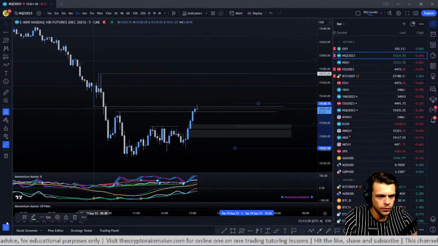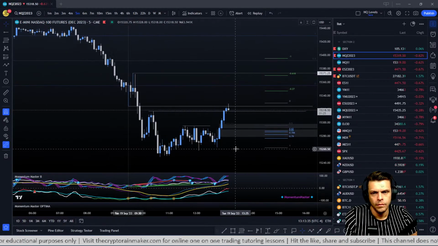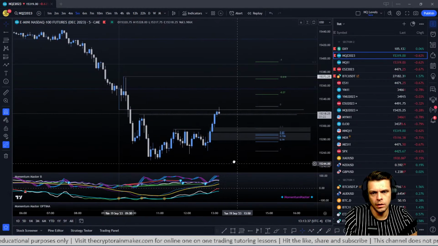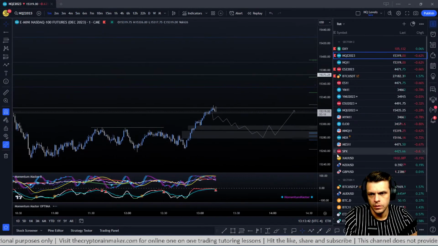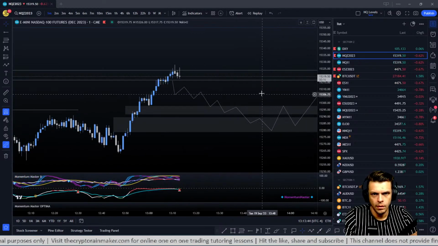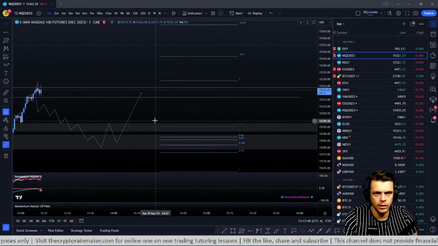Just want to get my Fibonacci back on the screen. Okay, so that's kind of what I see. So I'm going to see if the short scalp is going to be worth it back into a discount.